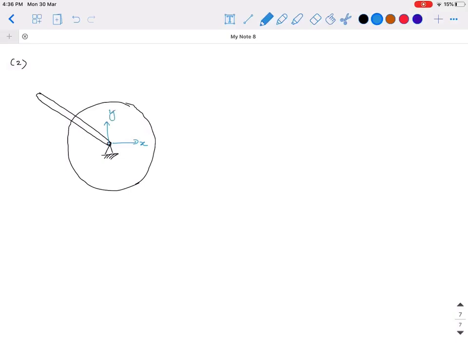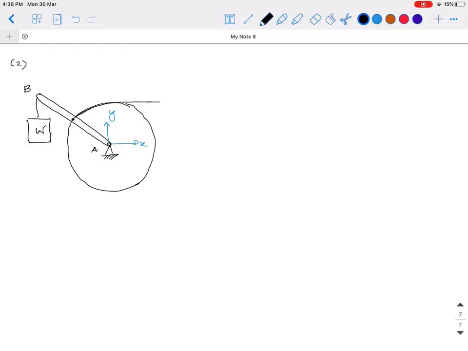On the rod weight W is attached. Let's say this is A and this is B, and this is connected to a spring with stiffness K.